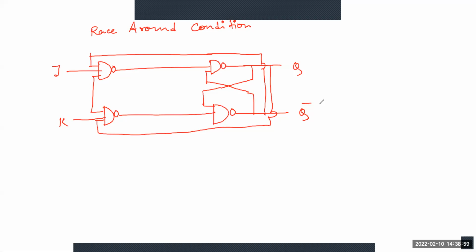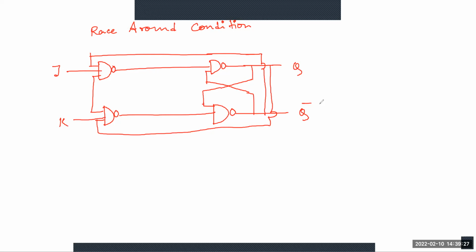In the case of JK flip flop, we saw that whenever we give J equals 1 and K equals 1, we get the racing condition. So now our aim is to overcome this racing condition. The race around condition is very important for your examination.